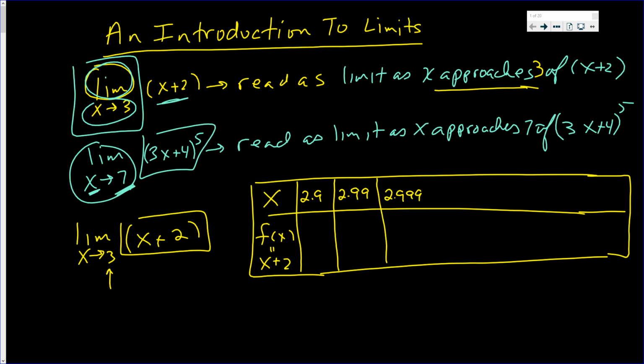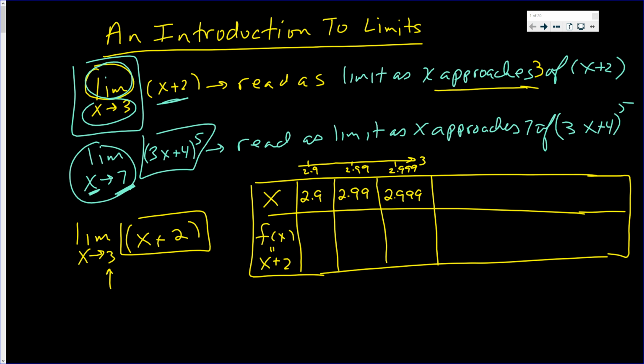Now that's from a little bit less than 3. For example, if 3 is right here, I'm getting closer and closer to 3. First I'm 2.9 and then here is maybe 2.99 and here is 2.999. But I can get close to 3 from the other way as well.